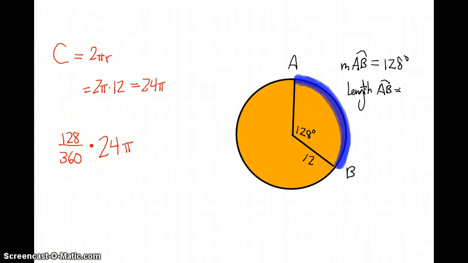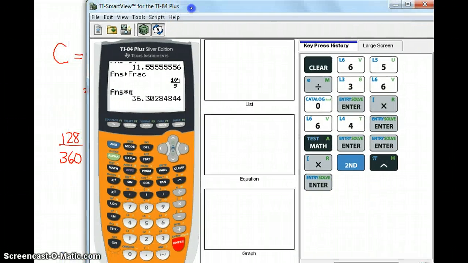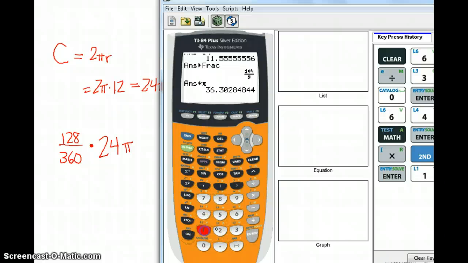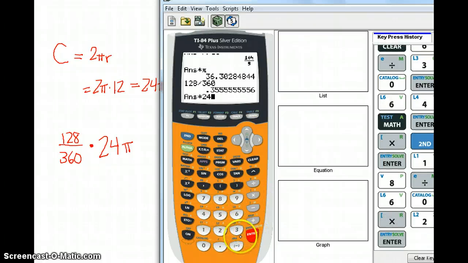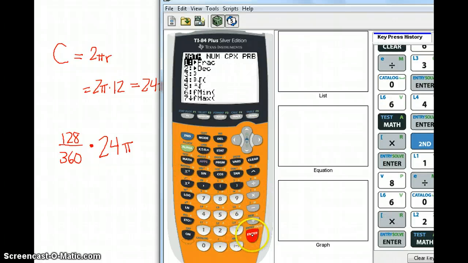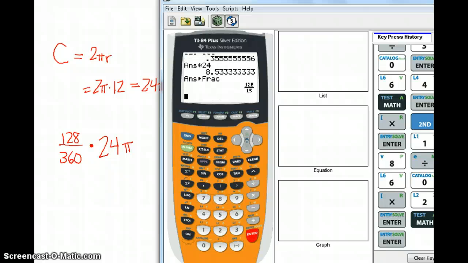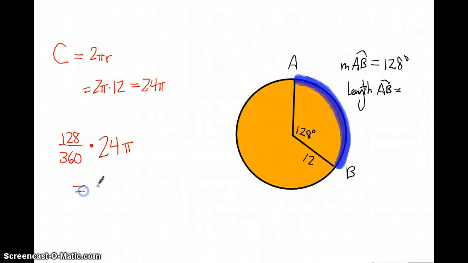Calculator time. 128 over 360ths of 24. It's kind of a yucky fraction, but I can figure out what that is. That's 128 15ths of pi. I can say it that way.